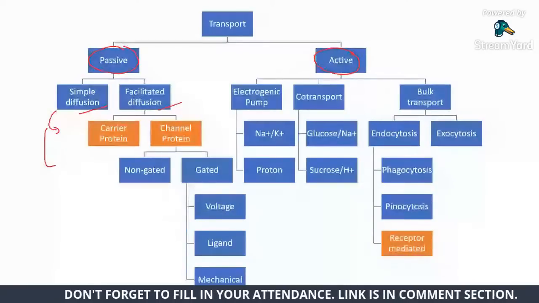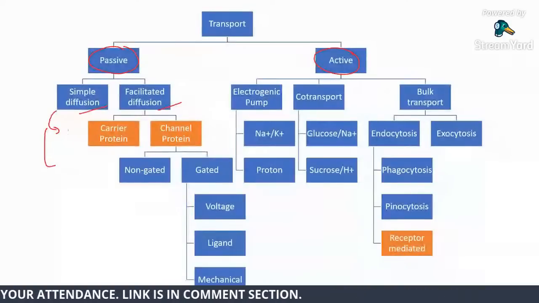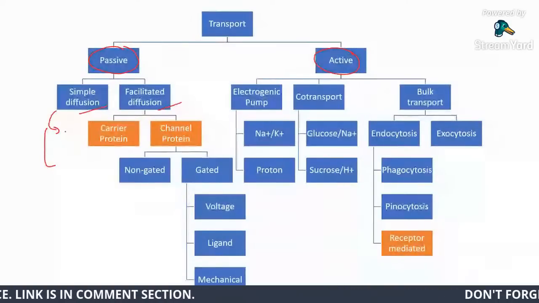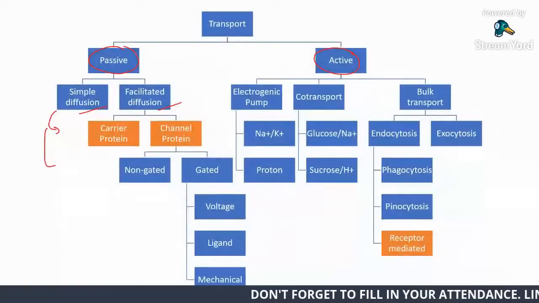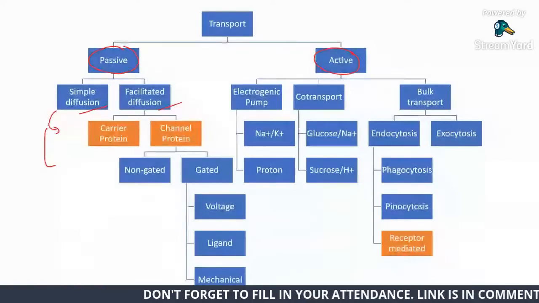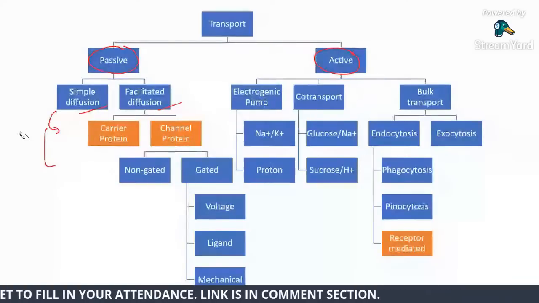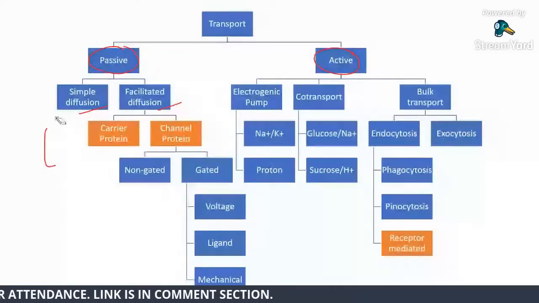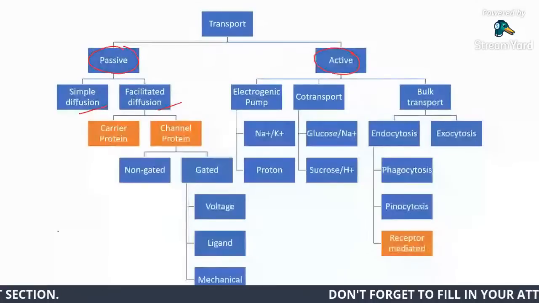In simple diffusion, you learn about osmosis, that it is transport of water across the plasma membrane without using any transport protein, right? And facilitated diffusion is the transport across the plasma membrane without using any ATP.